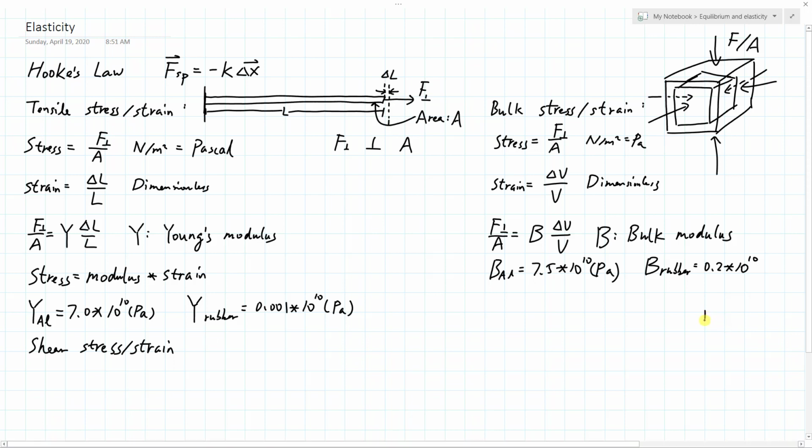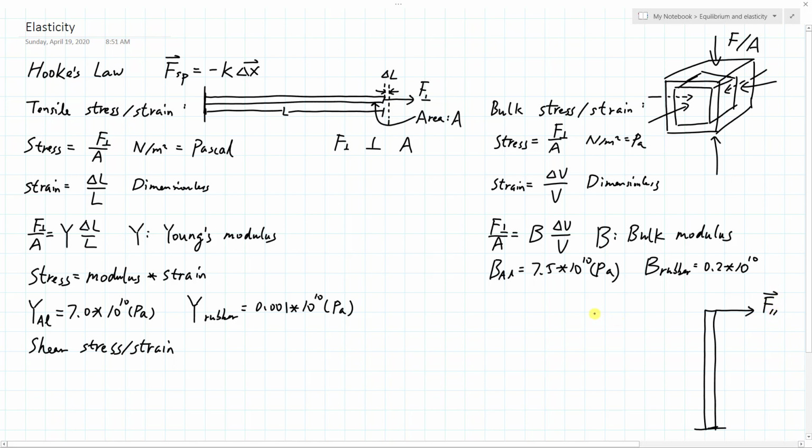So we have an object that's also elongated. Instead of applying force to compress or stretch it, we apply a shear force in this direction. So this is an F parallel to the surface.